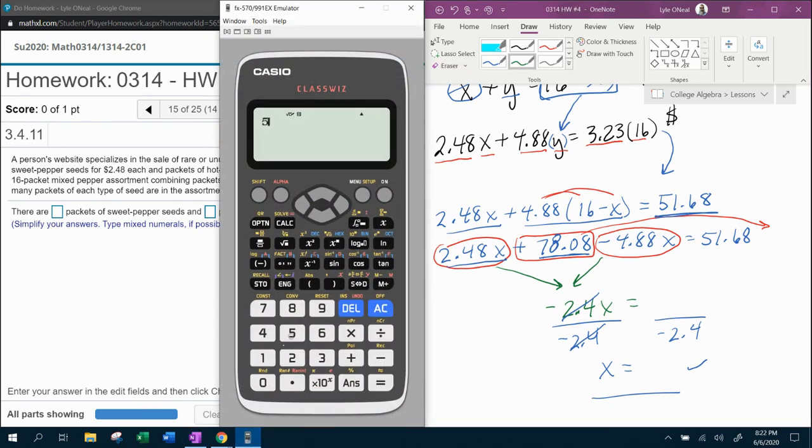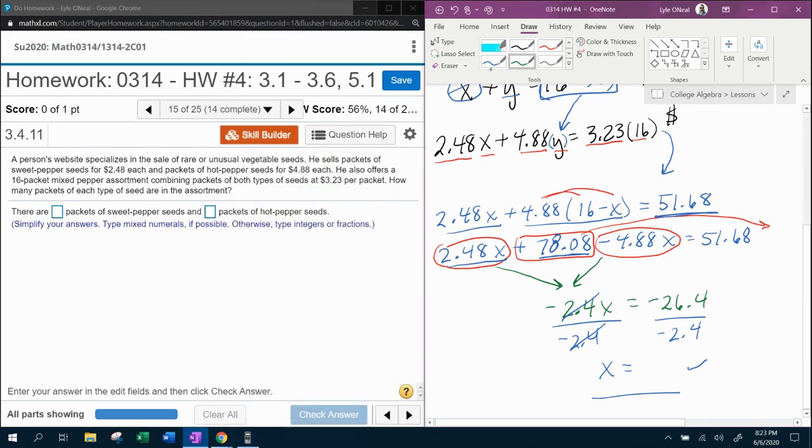Now it's going to be 51.68 minus 78.08. And that's going to be negative 26.4. And then that needs to be divided by negative 2.4. Fingers crossed. Whoo, came out a whole number. Yay.